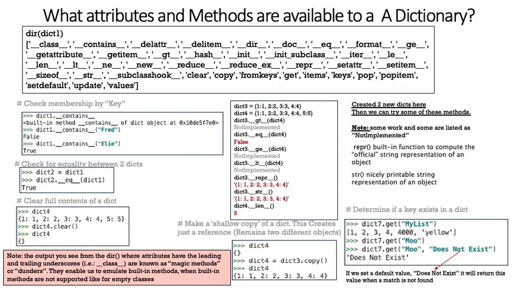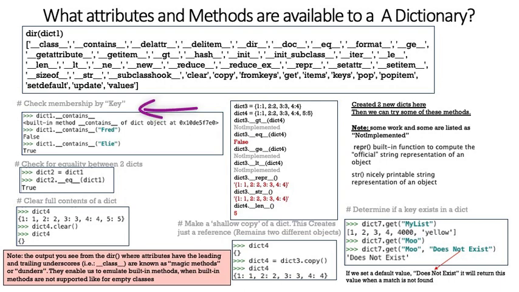These are known as magic methods or dunders. Dunder stands for double underscores. They enable us to emulate some built-in methods when built-in methods are not supported, for instance, for an empty class. But we can still make use of them.